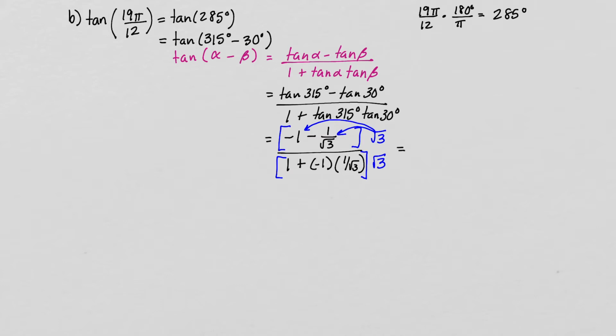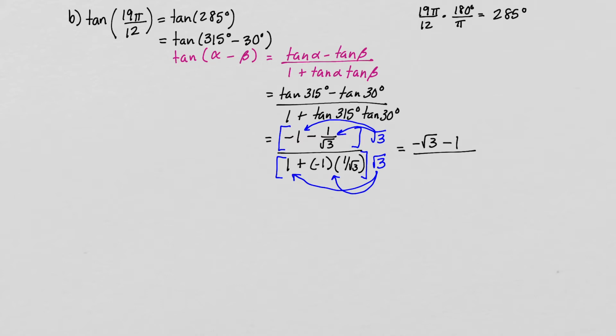So on the top, we're going to end up with a minus root 3. And in the second piece, when I take minus 1 over root 3 times root 3, the root 3's cancel, and I'd end up with minus 1. Same thing in the bottom. It has to multiply times the first term, and then it also has to multiply times the second term. Now, the second term happens to have two things multiplied together. You don't have to multiply it times each of them. If I do 2 times 5 times 7, I don't do 2 times 5 and 2 times 7.